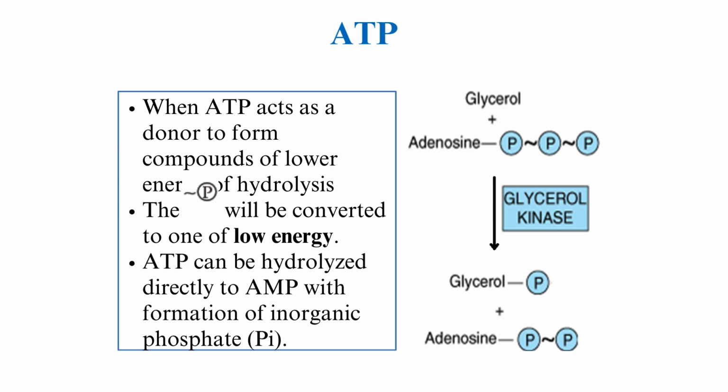If this ATP is going to phosphorylate glycerol to produce glycerol phosphate, the reaction will be catalyzed by glycerol kinase. This high energy phosphate here will be donated to glycerol to phosphorylate it. However, as you can see, the bond here is a usual bond. It is no longer a high energy phosphate.